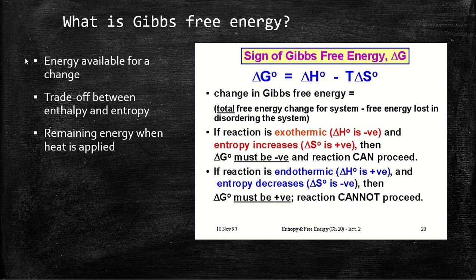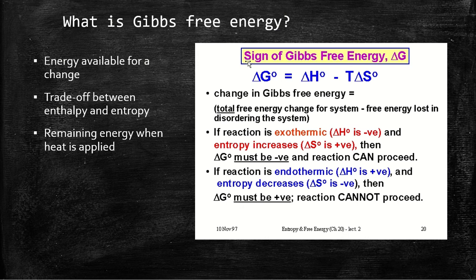Well, I put here three definitions that I think are very helpful to understand it better. So, we first want to see the equation of Gibbs free energy, which basically is a difference between two energies. First, we know that it's the energy available for a change.